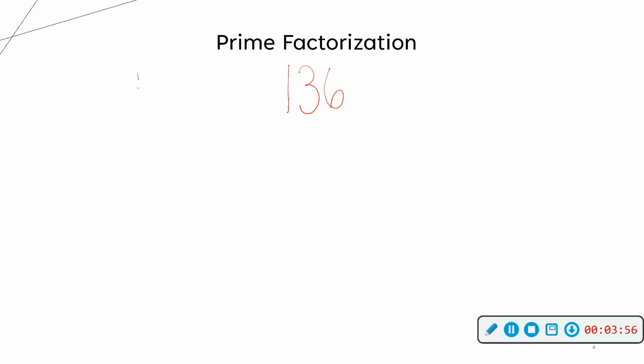So I'm going to go 136 divided by 2. 2 goes into 13 six times, that's 12. Bring down my 6. 16. How many times can 2 go into 16? 8 times. So in this case, we know that 2 times 68 will give me 136.